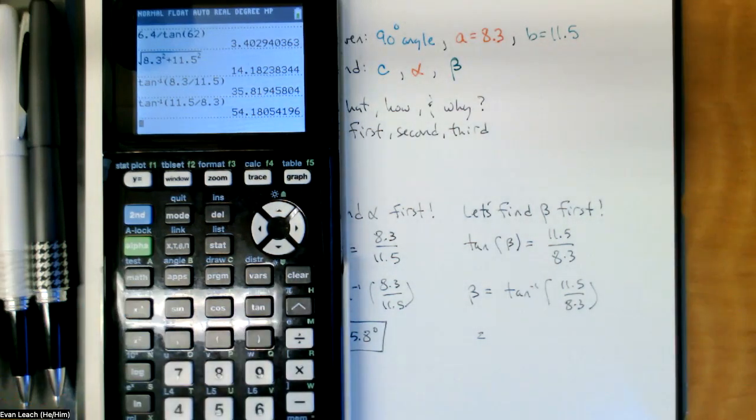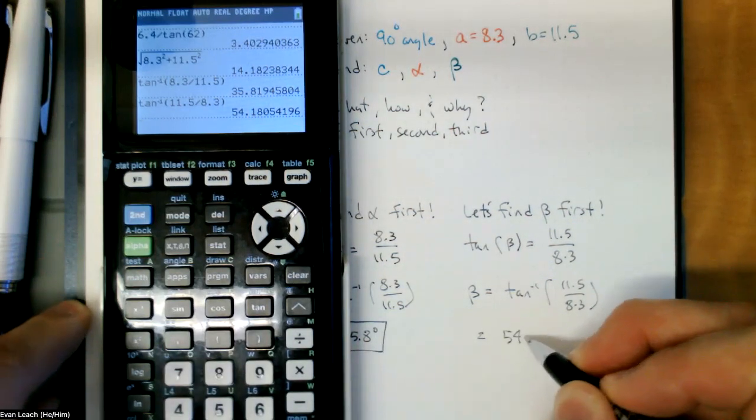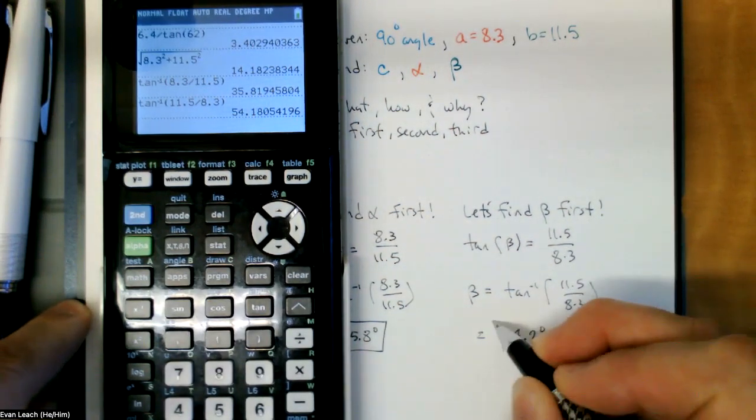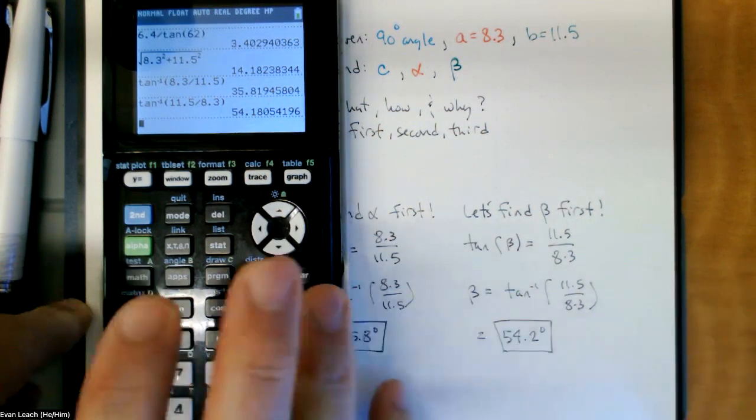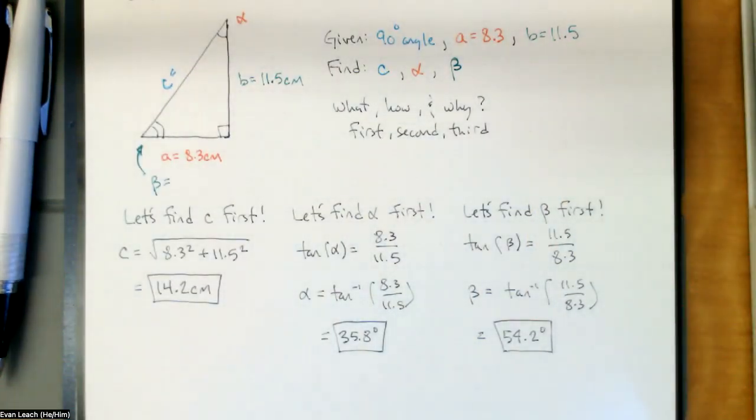And we get a 54.2. What we want to notice from this setup is that we can, in the solving right triangles game, have lots of choices of what we can go first.